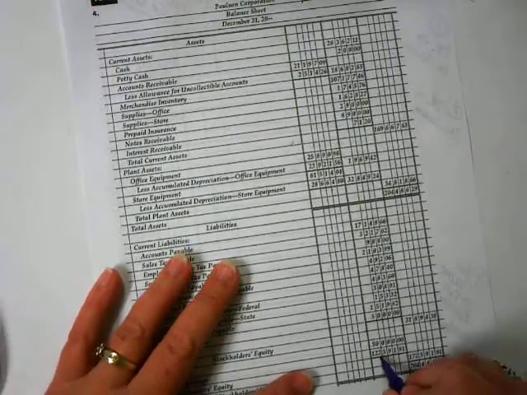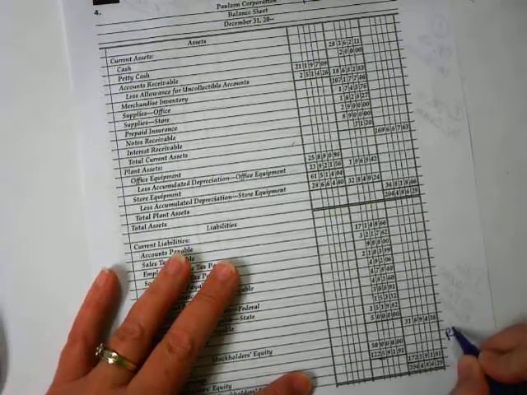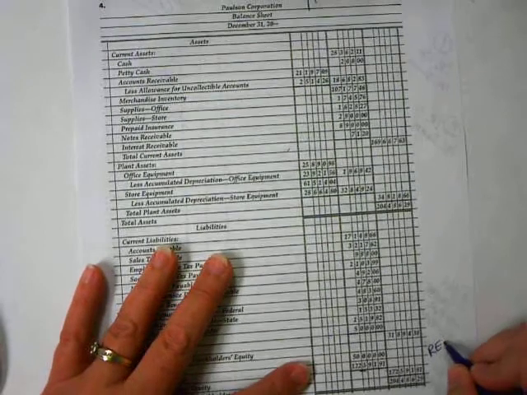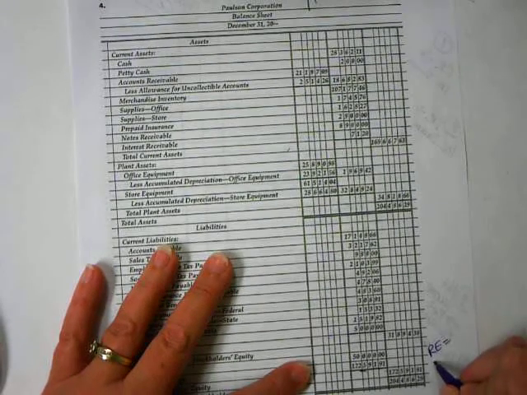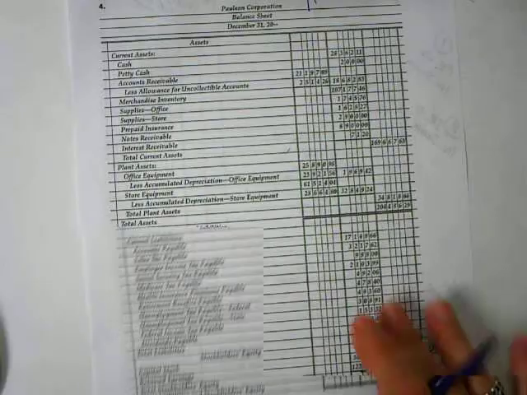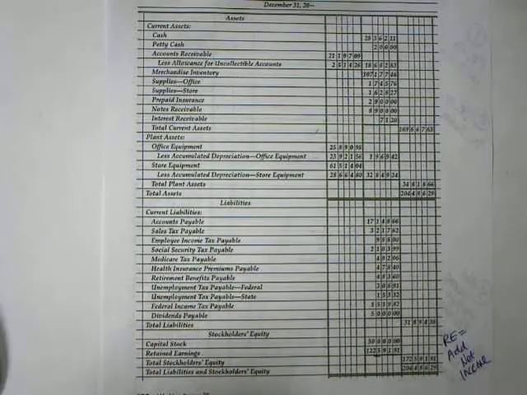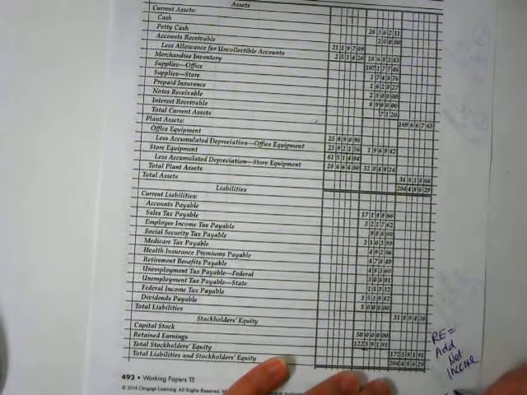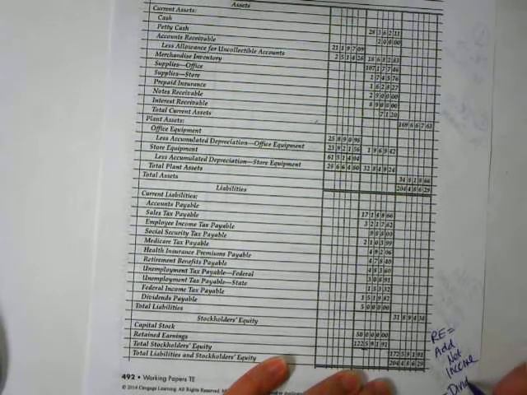Okay, right here. Retained earnings. We want to add net income. And we probably want to subtract dividends.